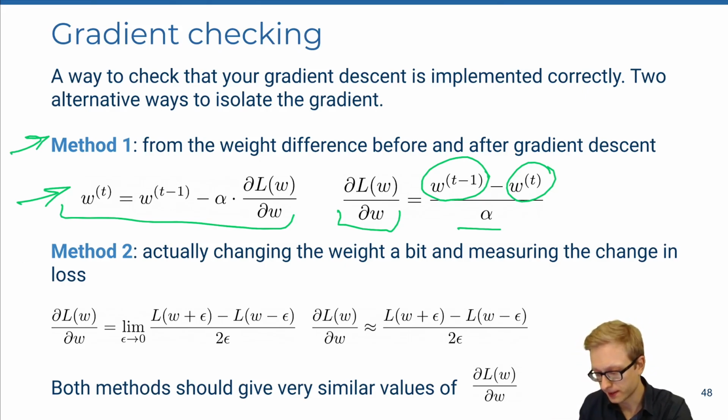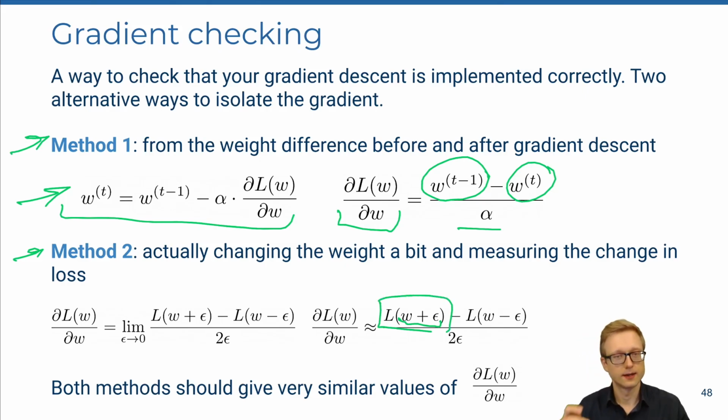Now, method two is a more direct approach, and we go back to the definition of the partial derivative. Here, we take the original network and modify one of the weights a little bit. For example, we add a small constant epsilon, and we measure the loss of the network at the very top. So this is the loss here.